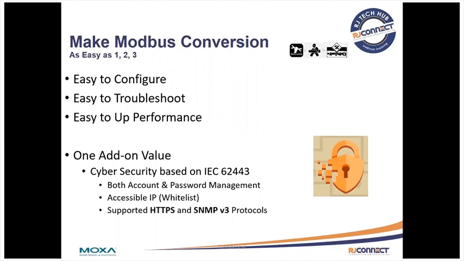Another added value is that Moxa recently implemented the new industrial Ethernet security standard called IEC 62443, with both account and password management, accessible IP whitelisting, and support for HTTPS and SNMP version 3 protocols.